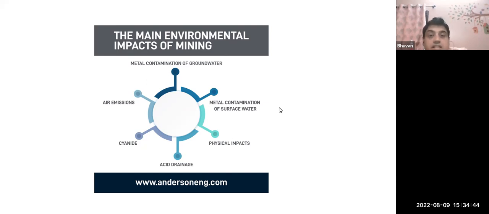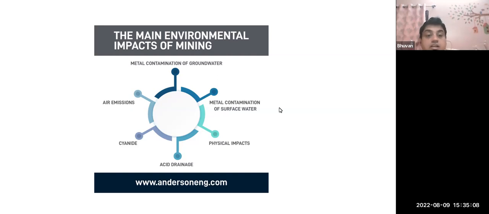Then we have the metal contamination of the groundwater and also the surface water resources. What happens is that the mine tailings, the debris discarded after the mining operations are conducted, contain a large number of heavy metals, and radioactive material can also be there.